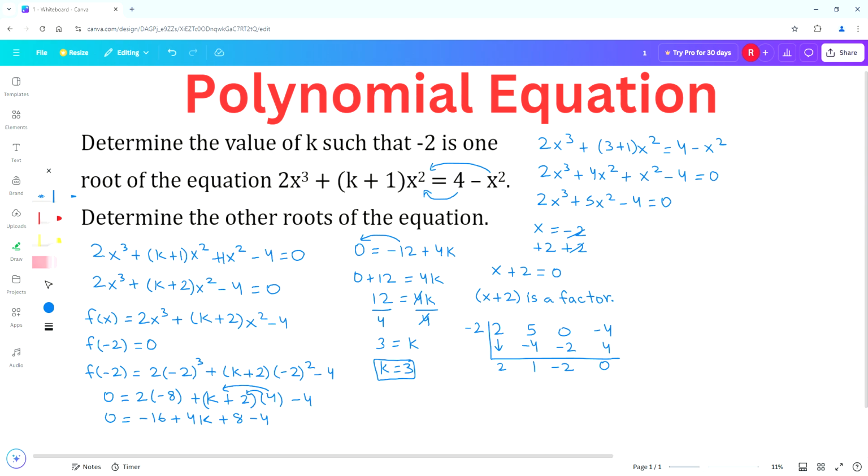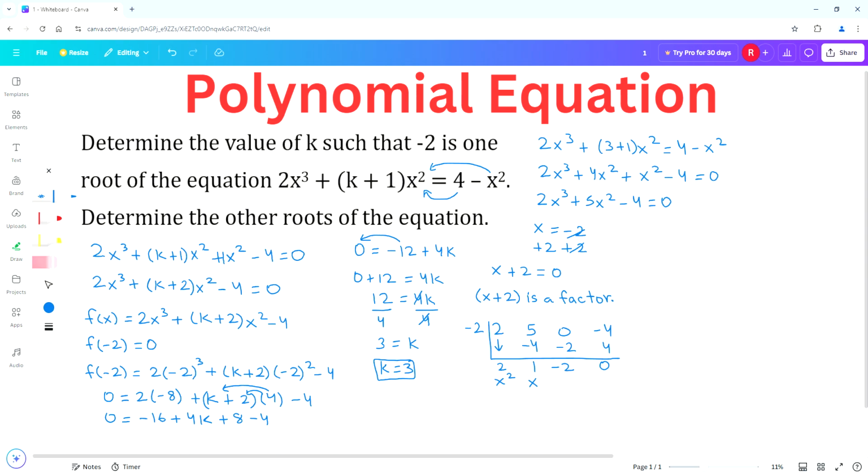The degree of the given polynomial equation is 3. The degree of the factor is 1. So the degree of the quotient will be 3 minus 1, which is equal to 2. So we should assign x squared to the first number 2, x to the second number 1, and negative 2 is the number term in the quotient.